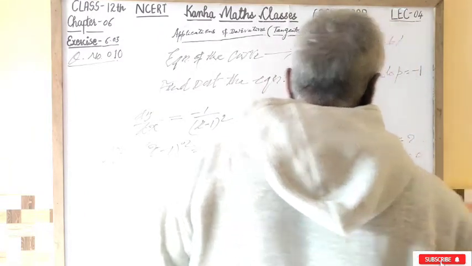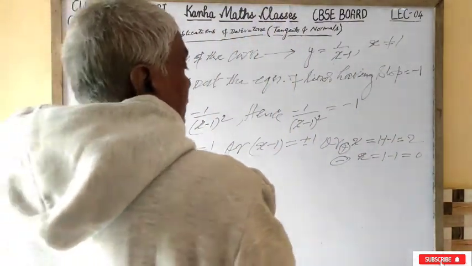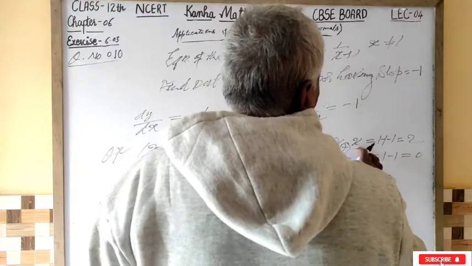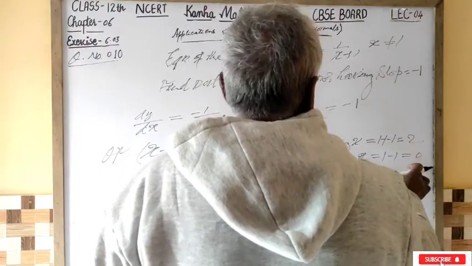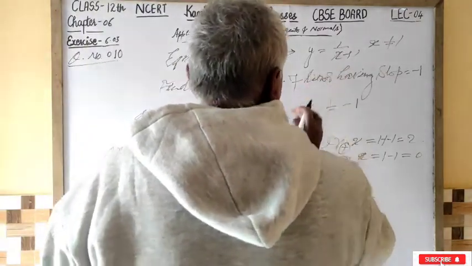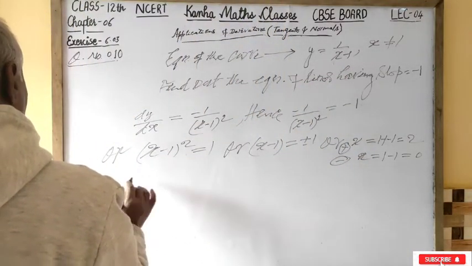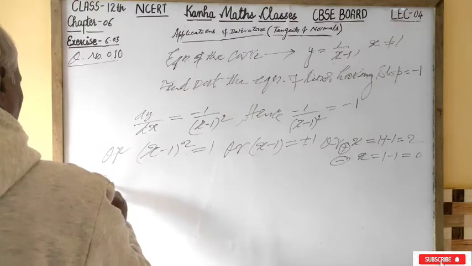Now we will find the corresponding value of y with respect to x is equal to 2 and 0 from the equation of the curve.